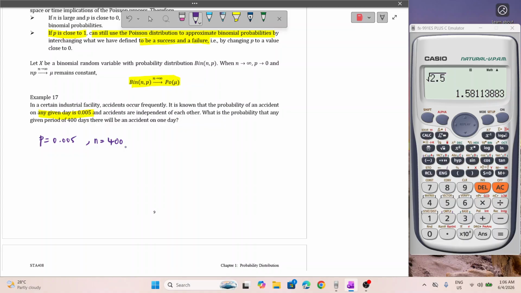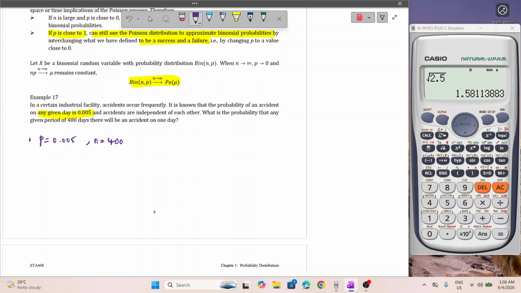In this example, you can find the mean for this problem.